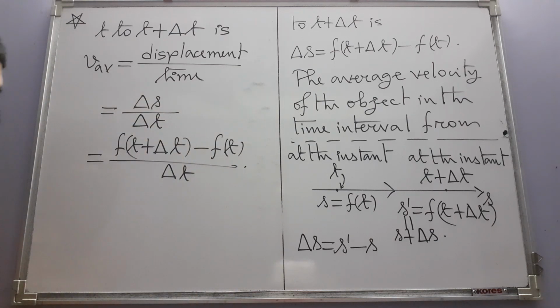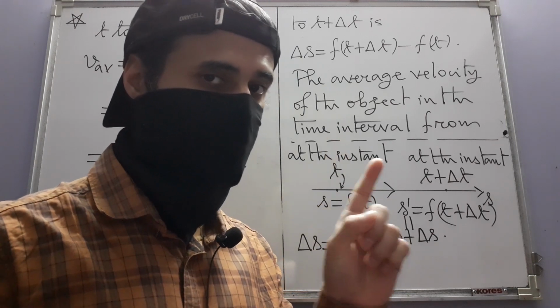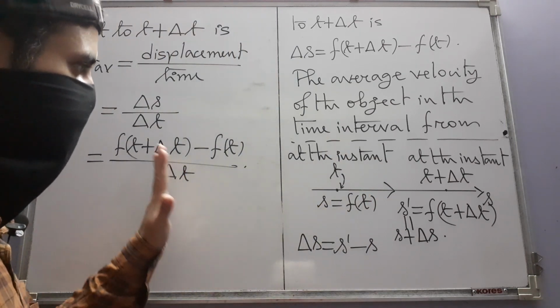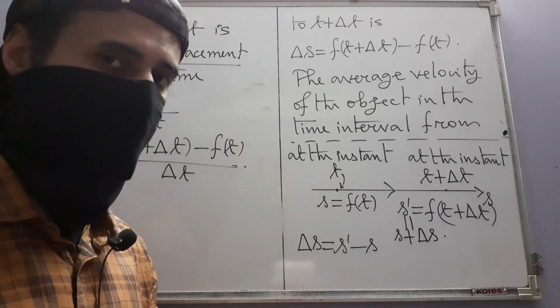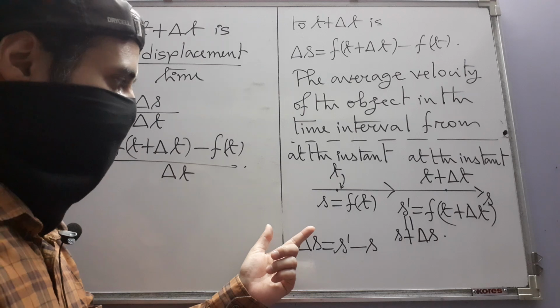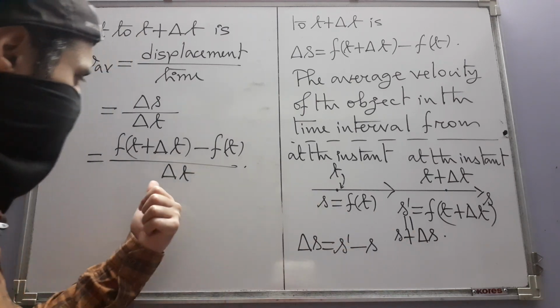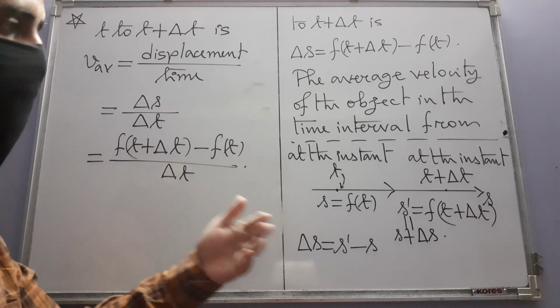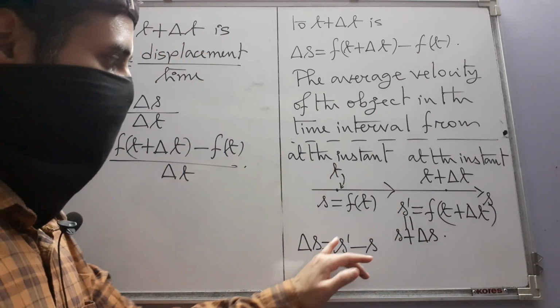Okay, so that is the average velocity, not average speed. That is something else. This is the average velocity. Just like displacement can be negative, average velocity also can be negative. And in fact, it will become negative if the corresponding displacement is negative. Delta t doesn't become negative because time only moves forward.